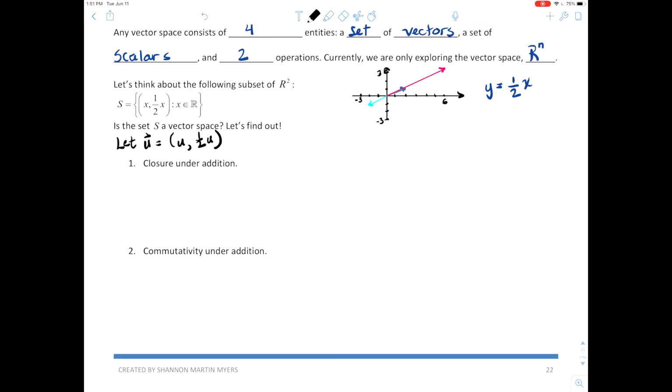So, all right, we can let v equal to v, comma, 1/2 v, w equal to w, 1/2 w. And notice the difference here, okay? I don't have arrows over the components, I only have arrows over the vectors.